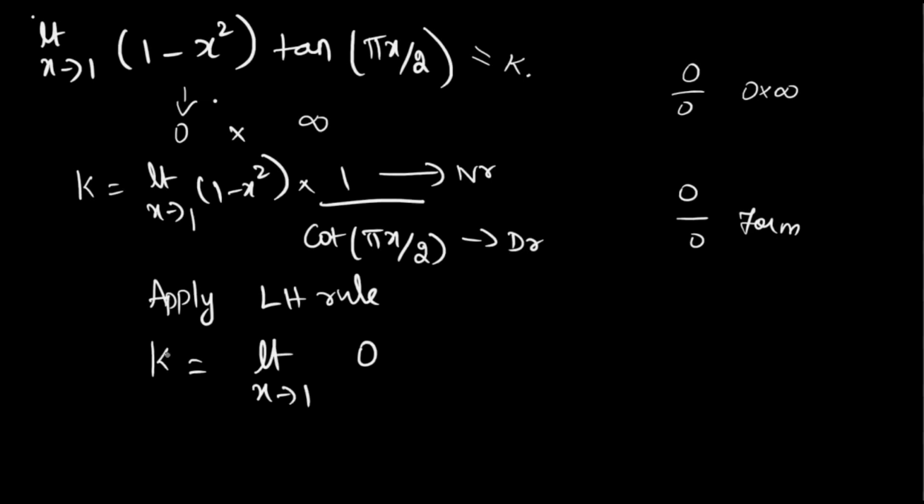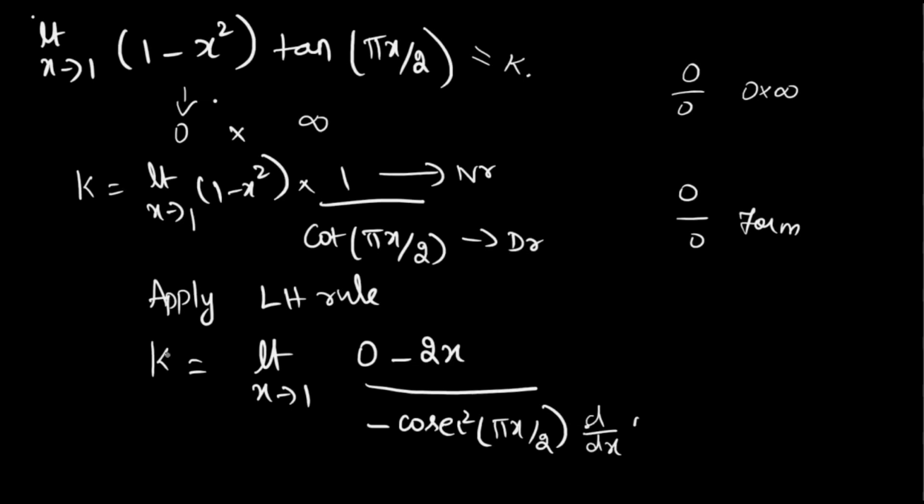1 if you differentiate 0, minus x square if you differentiate minus 2x, and cot theta if you differentiate it is minus cosecant square theta, minus cosecant square(pi x by 2) into, and then we have to differentiate this term, that is d by dx of pi x by 2.